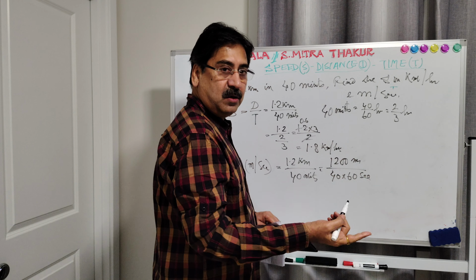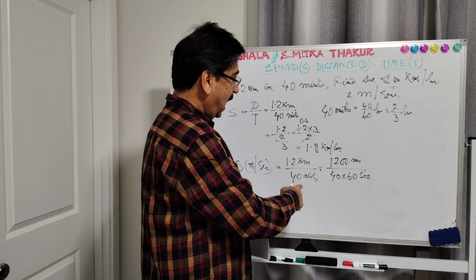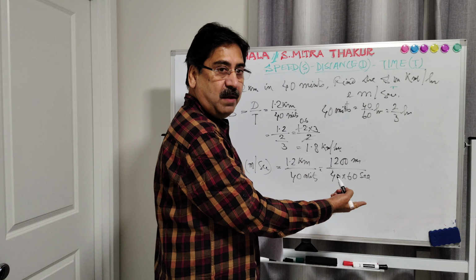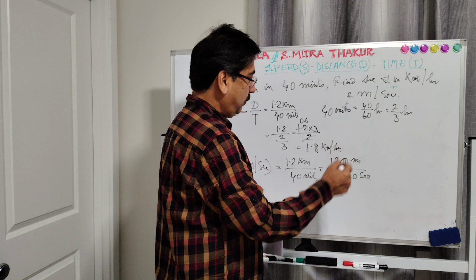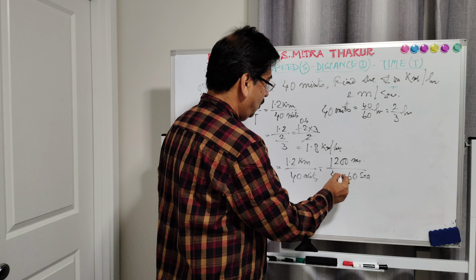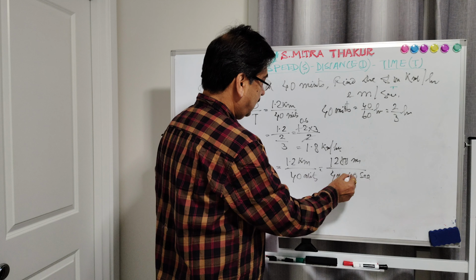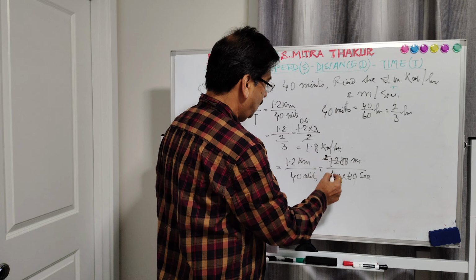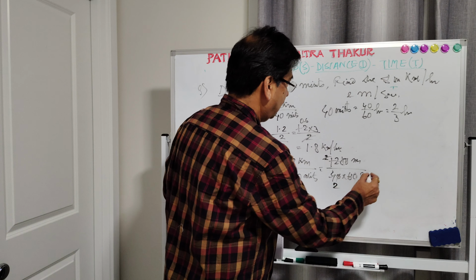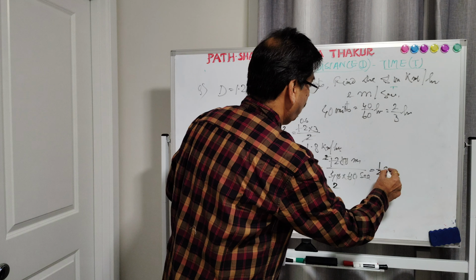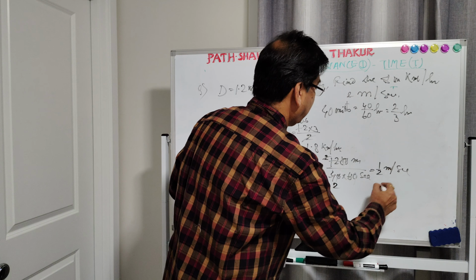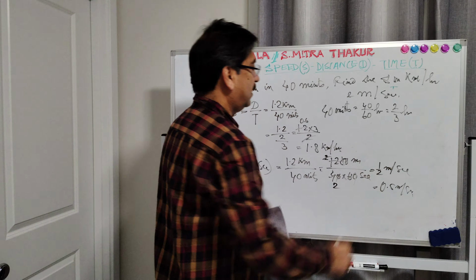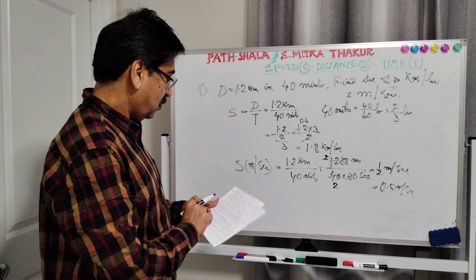So I have to convert kilometer to meter, and hours or minutes to second. Then I will get the meter per second. So here 20 will cut, and 6 2s are 12, 4. That is 0.5 meter per second. This is the answer of this question, right?